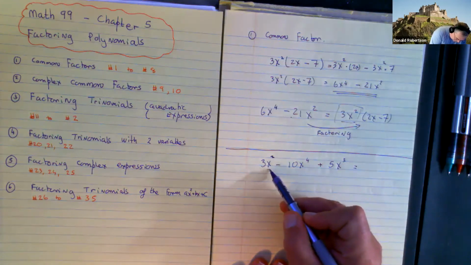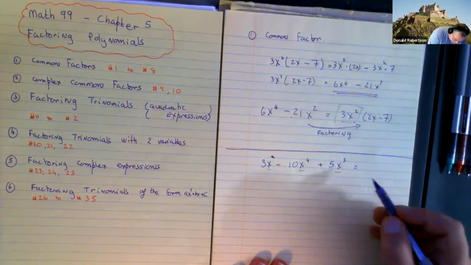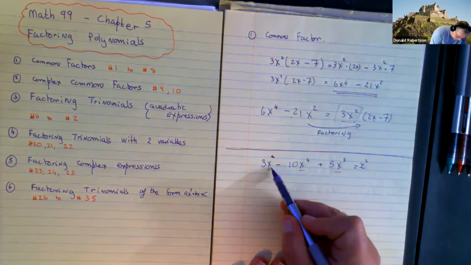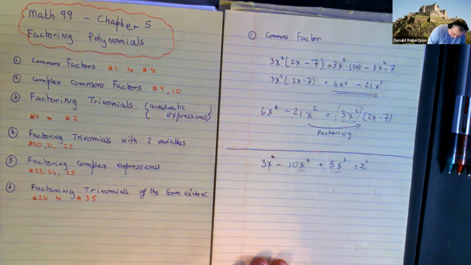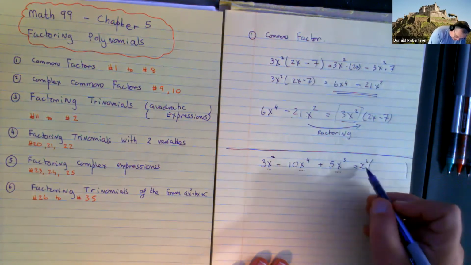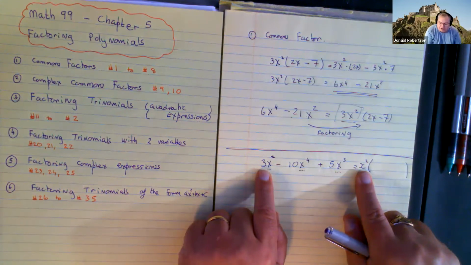But I do have an x squared, I do have an x to the 4, and I do have an x cubed. And what you choose in that situation is the smaller power of the three choices. So in this case, I'm picking x squared. And that guy we call the common factor, x squared. Then you take each term and essentially divide it by x squared.